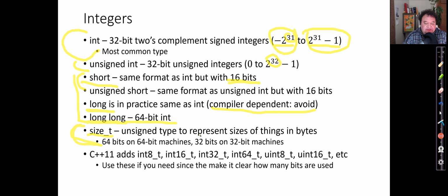So if I do sizeof an int, this will, for example, store the number 4 in an object of type size_t, and if it's a long, the result would be 8 bytes.